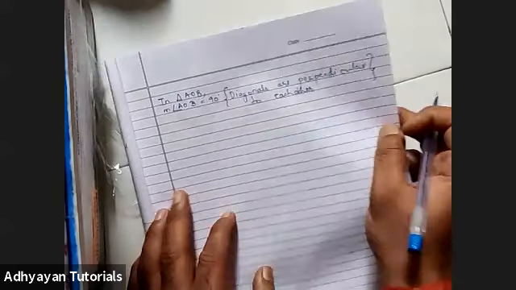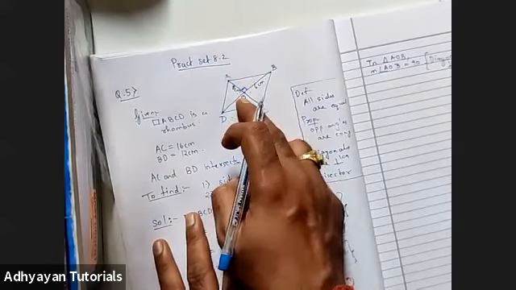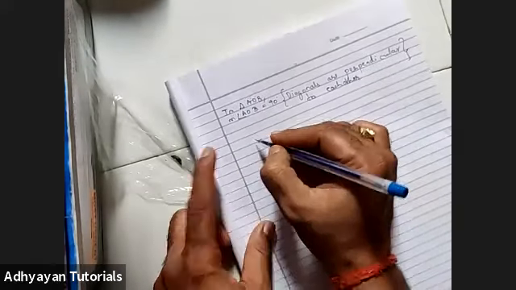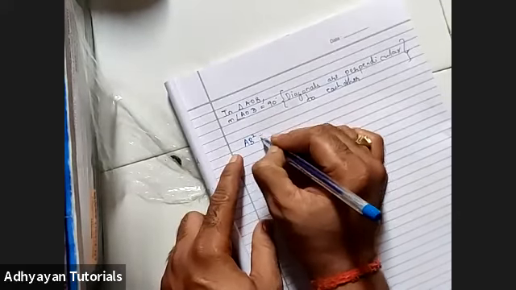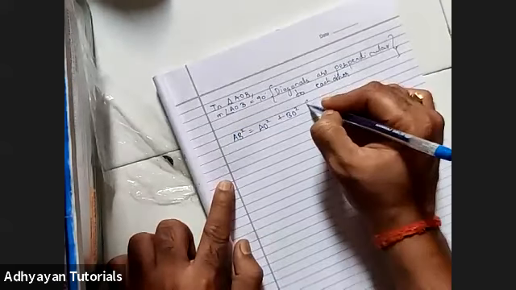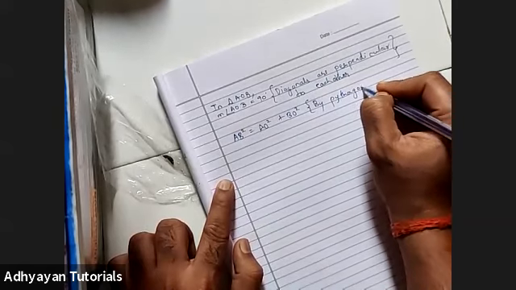So diagonals are perpendicular to each other is the reason. And now we apply Pythagoras theorem, right? What is Pythagoras theorem? AB square is equals to AO square plus OB square. That is hypotenuse square is equals to AO square plus BO square by Pythagoras theorem.